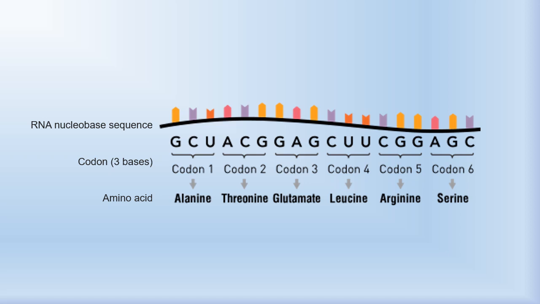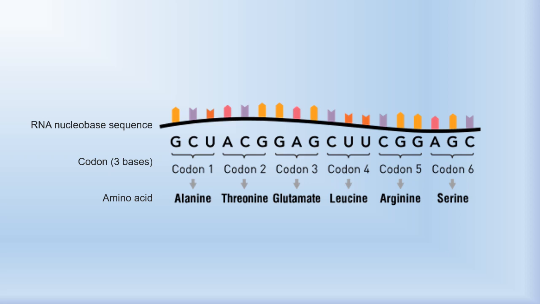The line of RNA at the top could be messenger RNA, the template taken from DNA. The sequence of nucleobases, G, C, U, A, C, etc., is divided into codons of 3 bases. So codon 1 is guanine, cytosine, and uracil. Uracil rather than thymine because this is RNA.